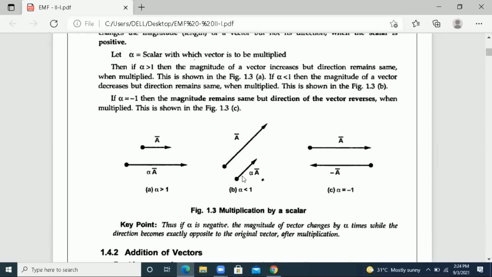If alpha is less than 1, say half, then the same thing occurs. If alpha is negative, the magnitude remains the same but the direction is reversed.